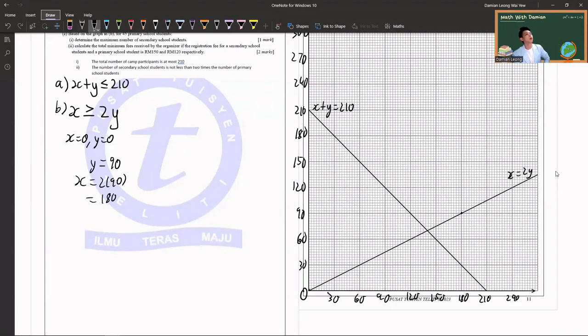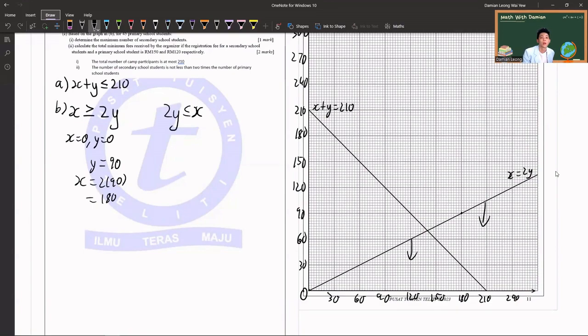So you see this one, x more or equals to 2y. If I compare y, I have to look at it the opposite way. Means I have to look at it as 2y less or equals x. Then you'll be smaller than the y, which means below the line. So it's below this line and below this line as well.